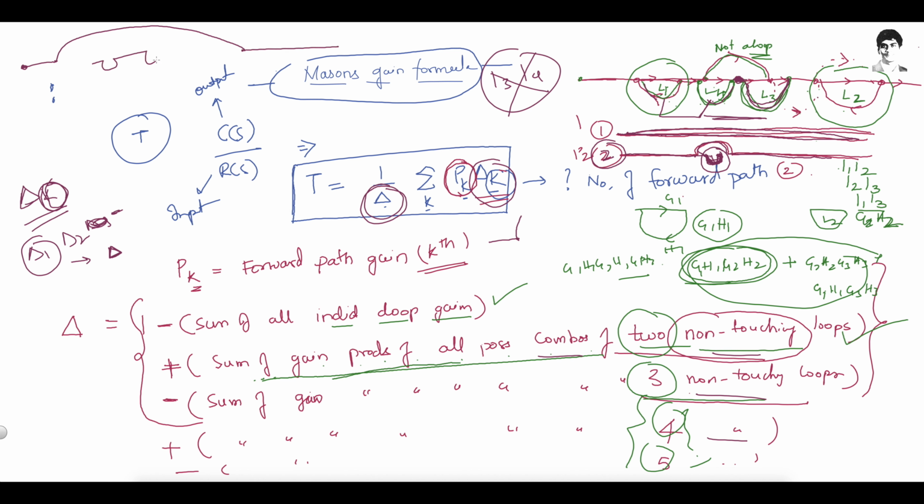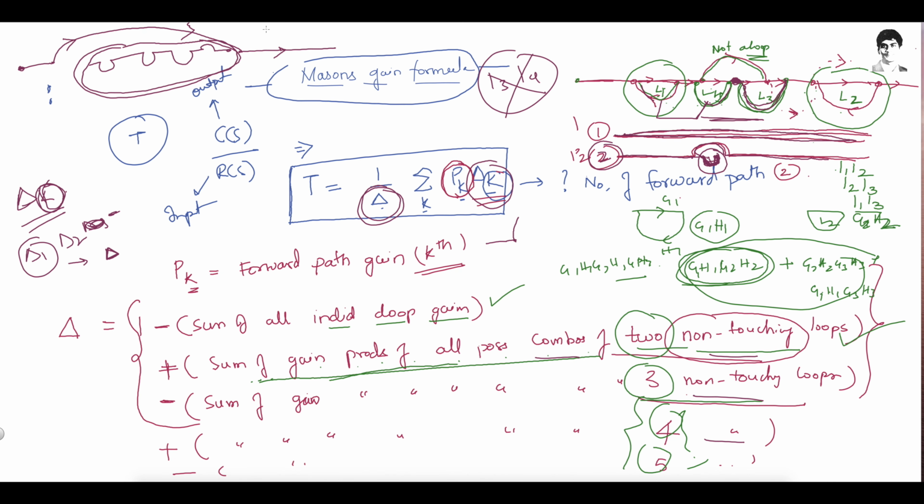And there is a whole world here, all of this. In that case, to find out the delta K, you have to find out delta of this part of the graph which is not touching this forward path. So this is what you need to keep in mind, and this is what Mason's gain formula is. I hope you just got a rough picture.